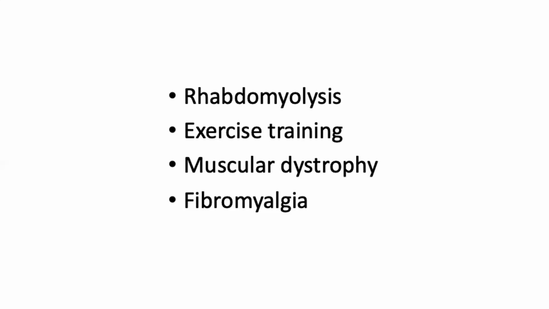Another example is burn injury to the muscle, where the muscle dies and becomes necrotic, and this will lead to rhabdomyolysis. And exercise and training can change our muscle, can make our muscles bigger.